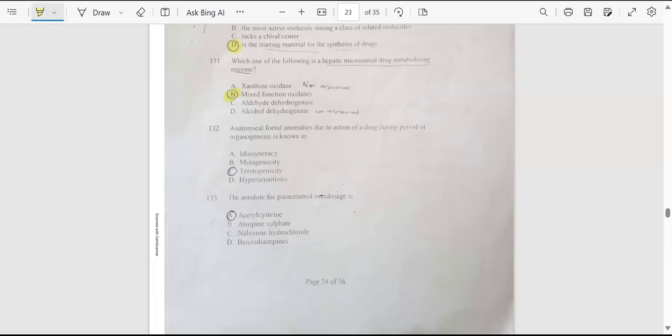Microsomal enzymes are found in the smooth endoplasmic reticulum. So alcohol dehydrogenase is in the cytosol, in the cytoplasm and mitochondria.